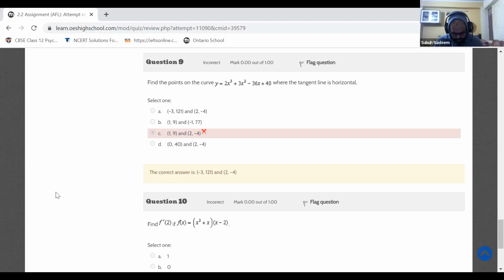Okay. Now you can do middle term splitting. Can you write it as x squared plus 3x minus 2x minus 6?